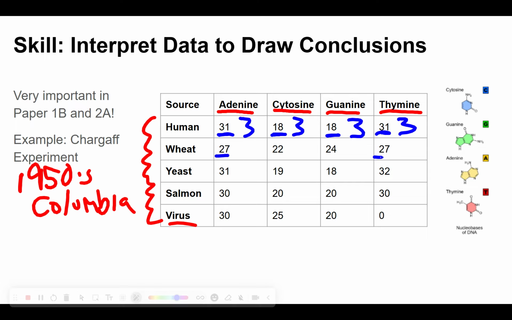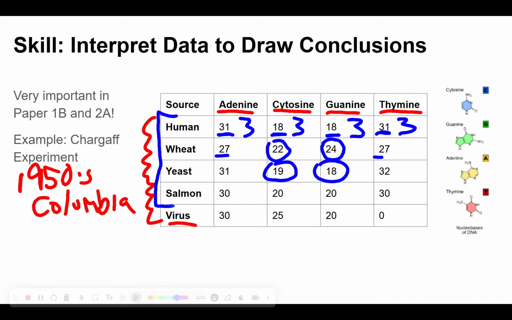You'll notice that in some of them the numbers are a little bit off from each other. Here this one's 22, this one's 24, here this one's 19, this one's 18, but they have roughly the same proportions. So first, let's leave viruses out of it and talk about this wide variety of living organisms where this statement is true.